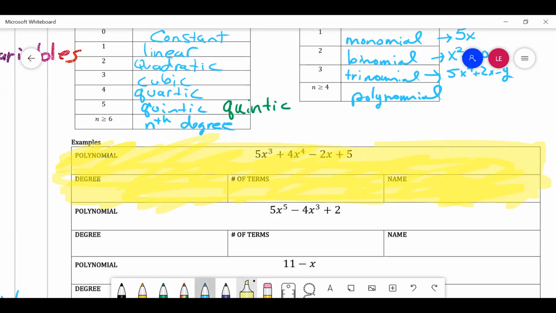See if you can do that one. I'm going to add one thing on here. Rewrite it in the correct form. So rewrite in standard form. You can do it right here because that's not the correct form right there.